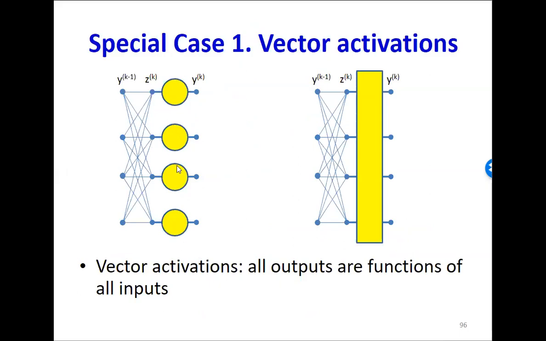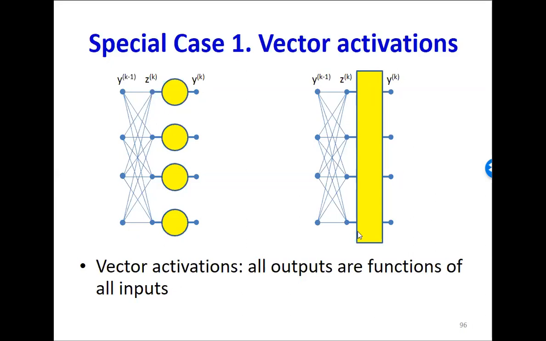In this entire layer, if I just modify this one Z, the only Y that changes is going to be the corresponding Y. So this is a scalar activation where there's a strict one-to-one relationship between the affine input and the activated output.